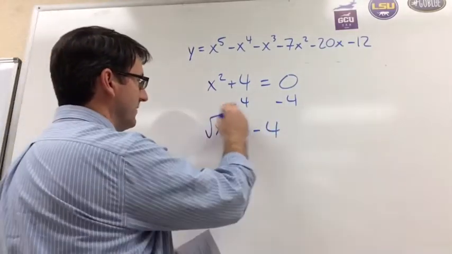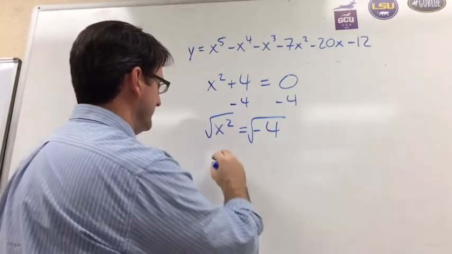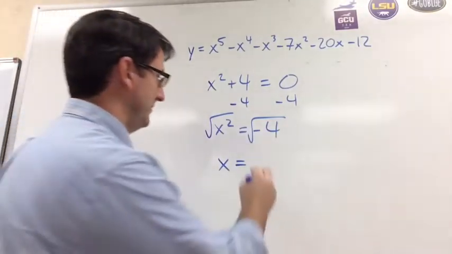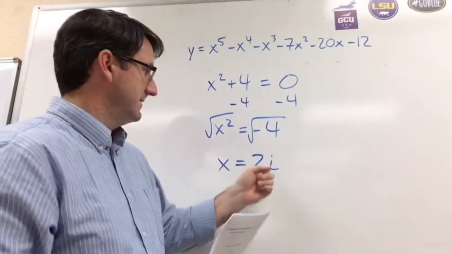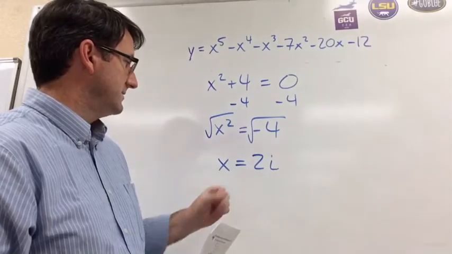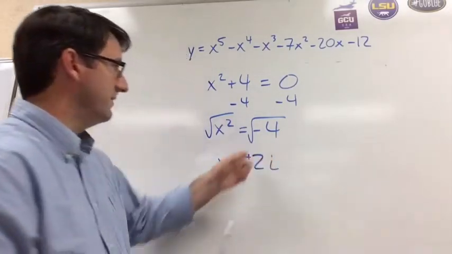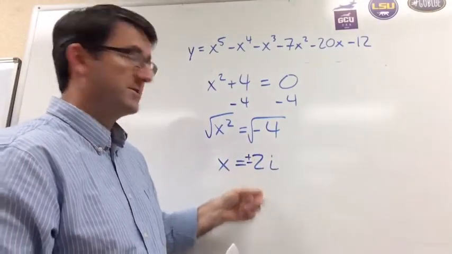Now we can take the square root of both sides. The square root of x squared is x, and the square root of negative 4 is going to be 2i. Remember that i is the square root of negative 1. And let's not forget plus or minus. Whenever we take the square root of something, we always want to remember plus or minus.